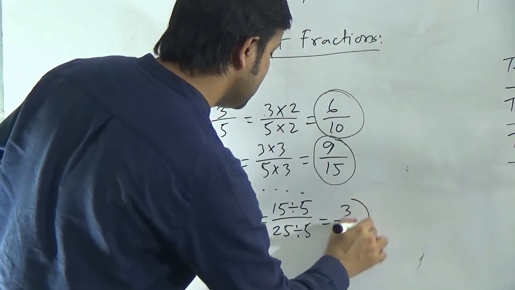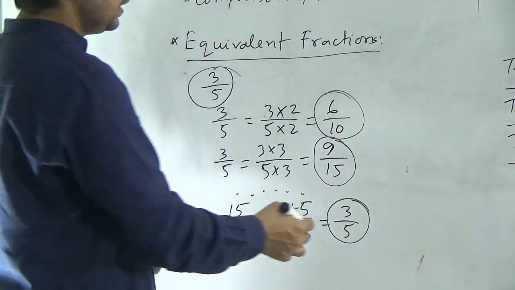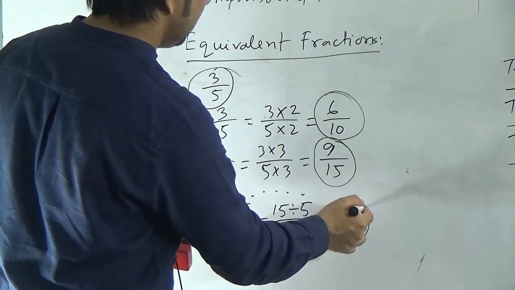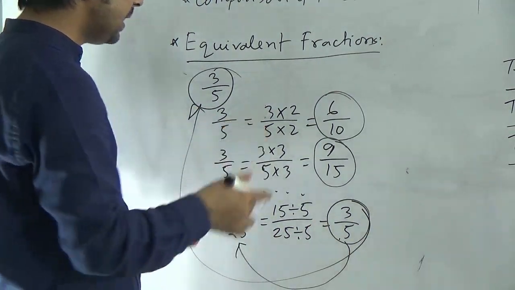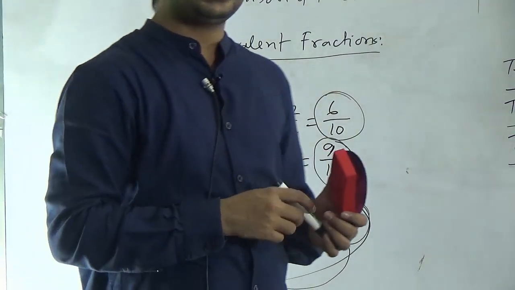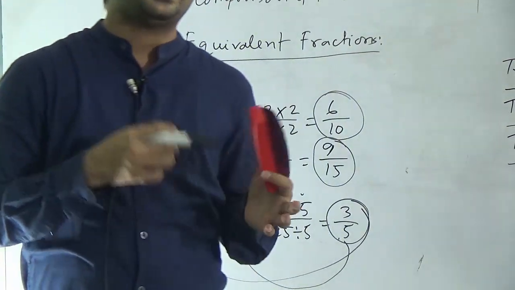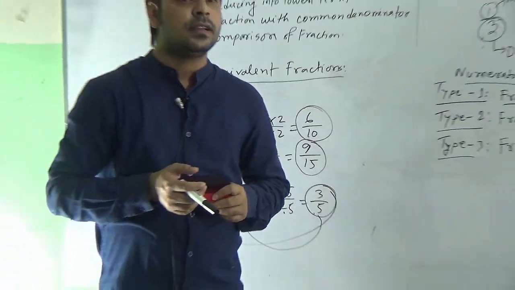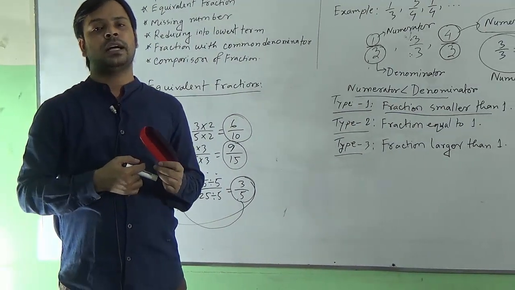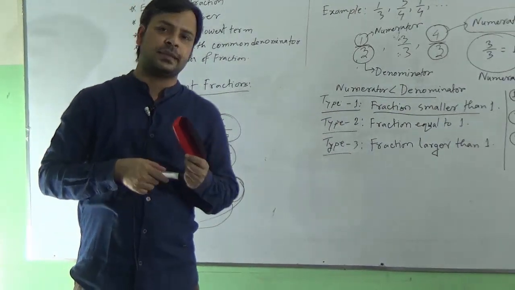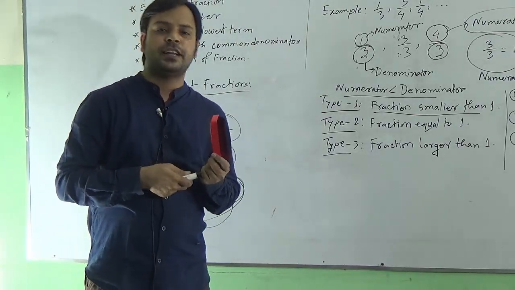This fraction is also equivalent to this fraction or equivalent to this fraction. It means that if we multiply both the numerator and denominator, we may get an equivalent fraction, or if we divide both the numerator and denominator by the same number, we will get equivalent fractions.